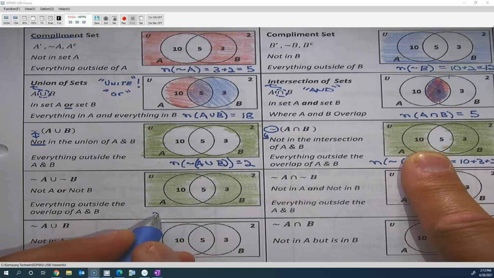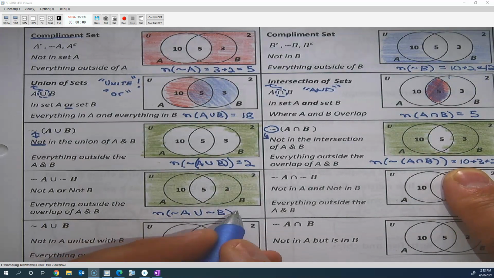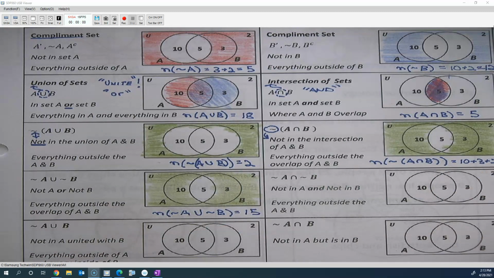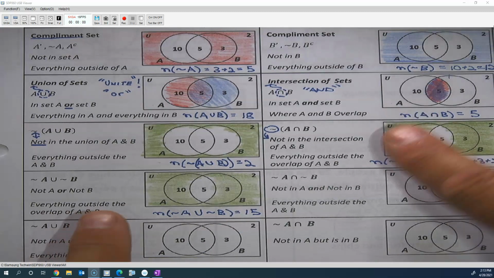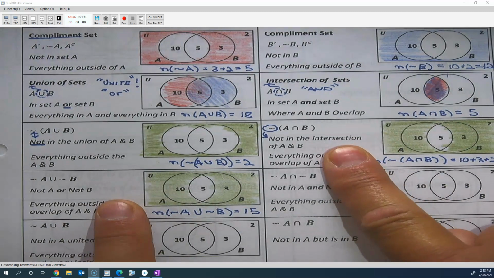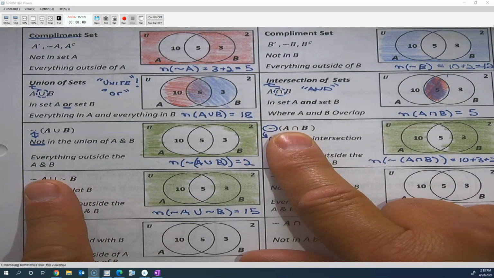So the number of elements not in A united with not B is still 15. So these are the same, even though one is an intersection and the other one's a union.